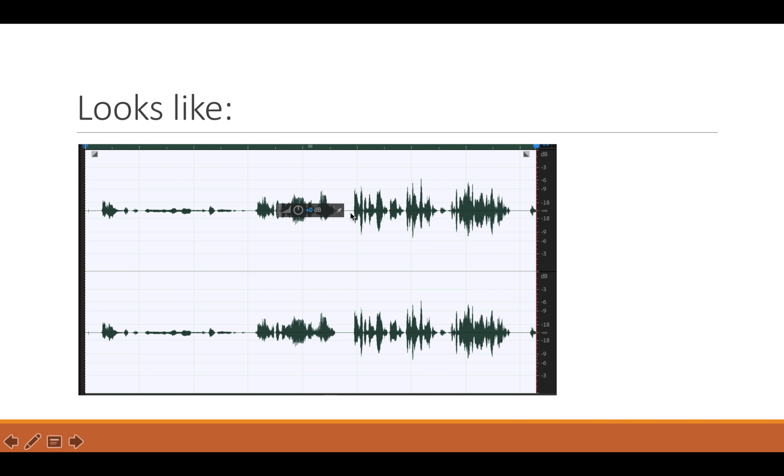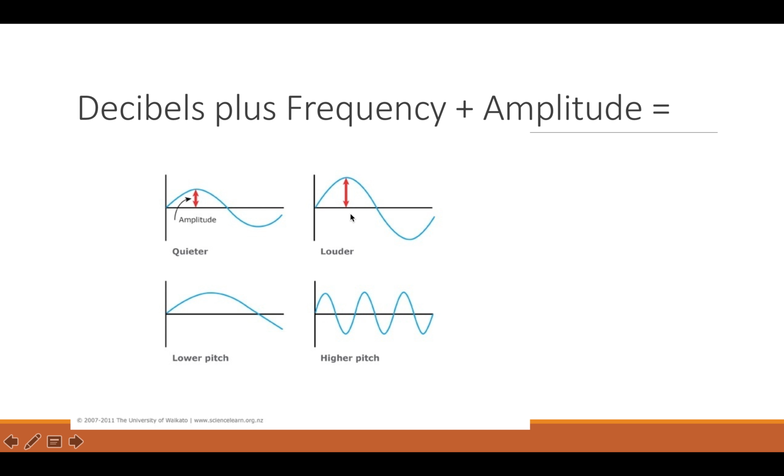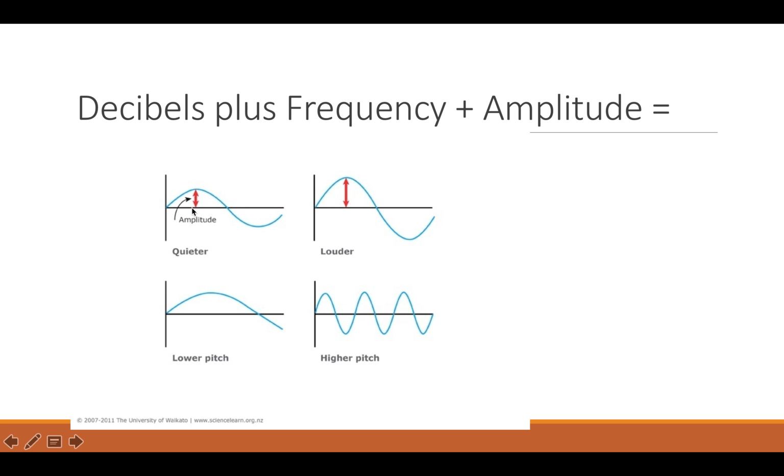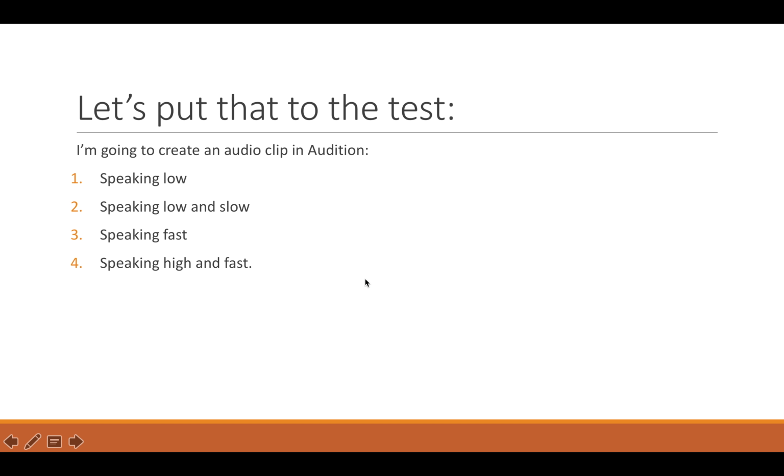A louder sound is going to have a higher curve, literally higher, whereas a quieter sound will have a lower curve. So if we put those together, a higher pitched sound occurs more frequently, and the higher the curve, the louder it is, and vice versa.